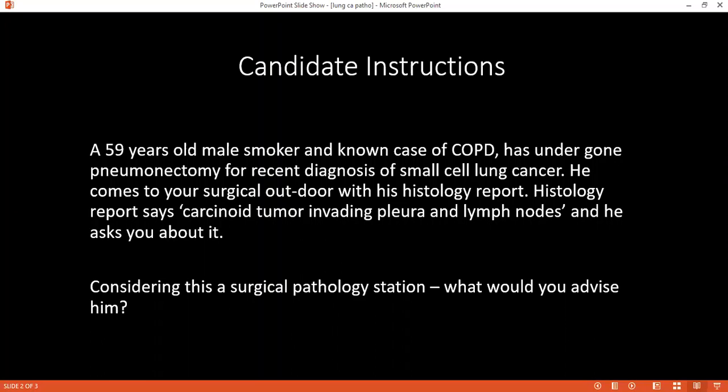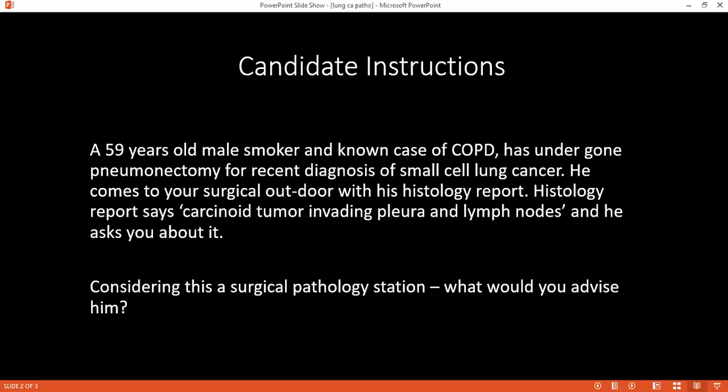Surgical treatment of mesothelioma is not possible, but in bronchogenic carcinoma we can choose surgery like pneumonectomy. Mesothelioma spreads aggressively, whereas bronchogenic carcinoma spreads relatively less aggressively.